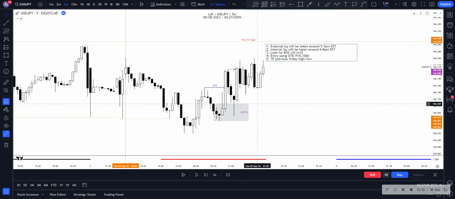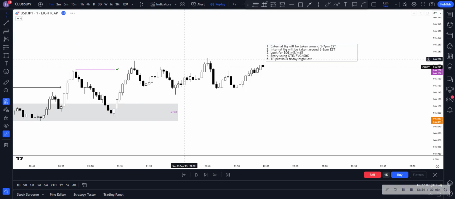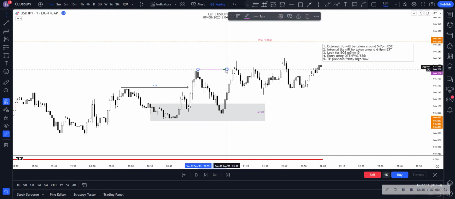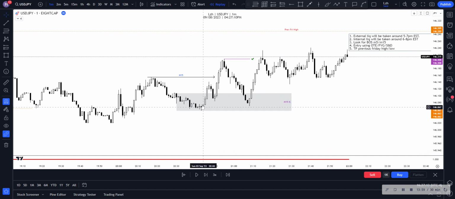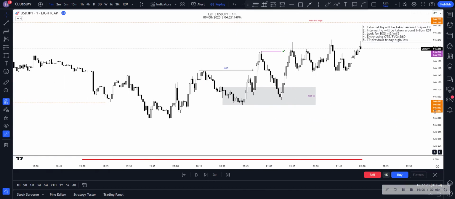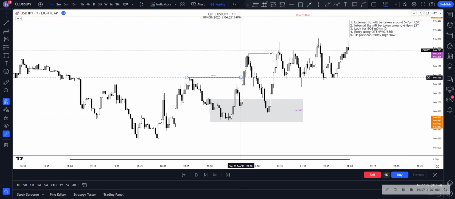The reason why I say that is that if I go down to M1, this is the most recent M15 break of structure. So I like to use the turtle soup method.